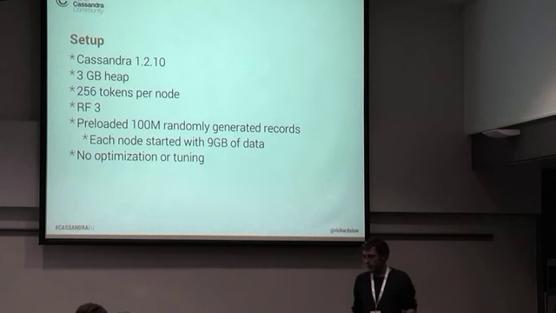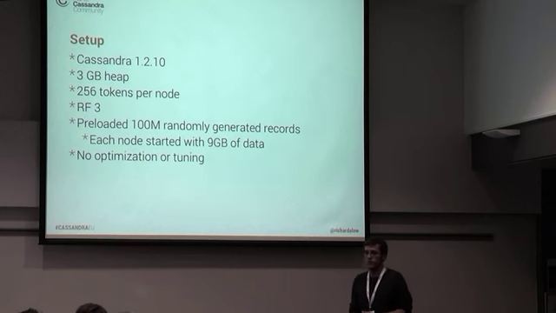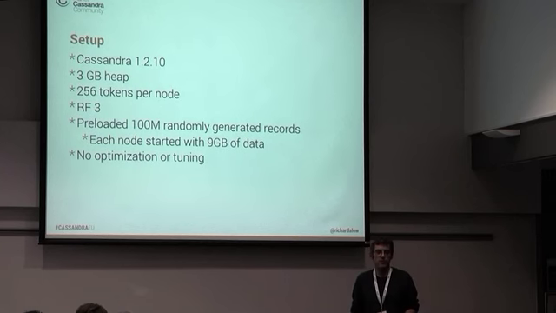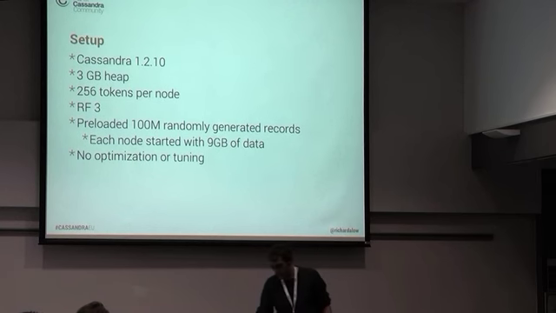And I generated 100 million random users. I wrote some Python code and piped it into JSON to SSTable to generate some data. But apart from this, I didn't do any optimization or tuning. Let's say that the person who deployed this just set it up and didn't want to be bothered with any tuning.